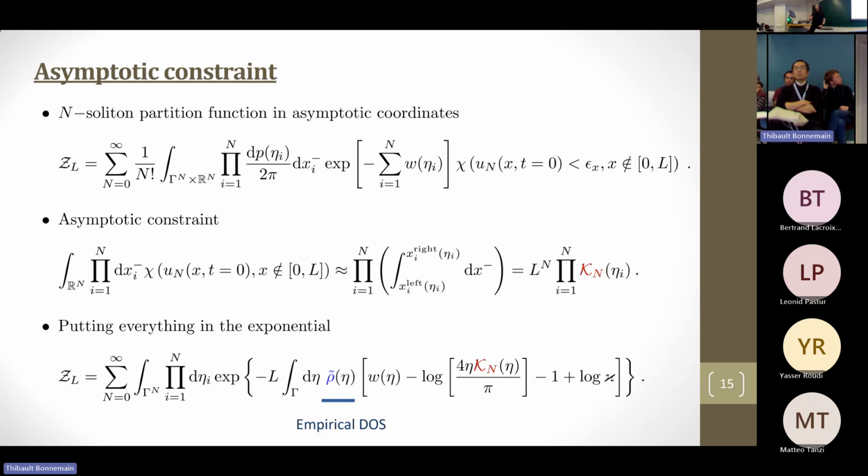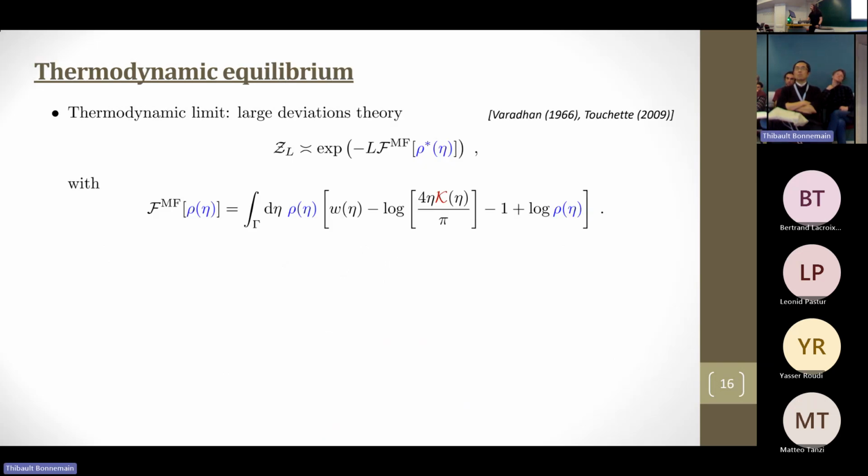Once I've written this, the large deviation principle tells me that I can approximate my partition function as such, where this free energy functional is minimized by rho star, the density of states of my soliton gas at equilibrium. If you look at the previous slide and how the partition function looks, you can see this as a sort of approximation.